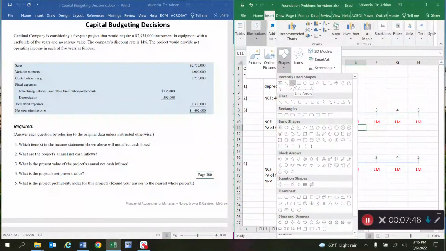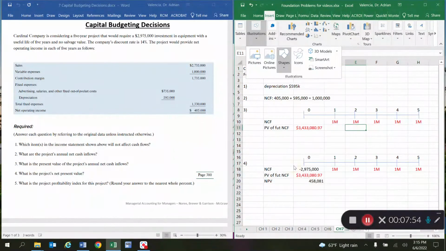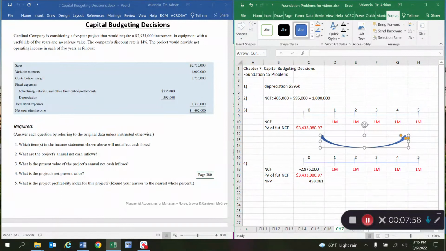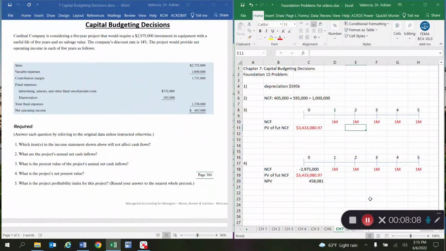When we discounted these cash flows, let me find the arrow that I want. That will be this arrow here. And how do I flip this? Oops. My apologies. This is not the arrow I was looking for. 1 second. There we go.